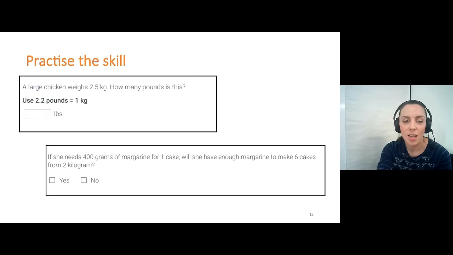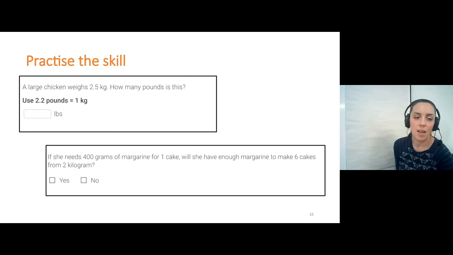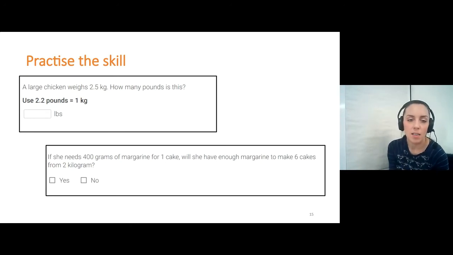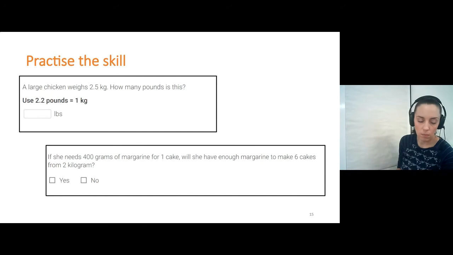So let's practice these level 2 questions then. A large chicken weighs 2.5 kilos or kilograms. Sorry, how many pounds is this? So we're looking at pounds in imperial, kilograms in metric. So use 2.2 pounds to 1 kilogram.